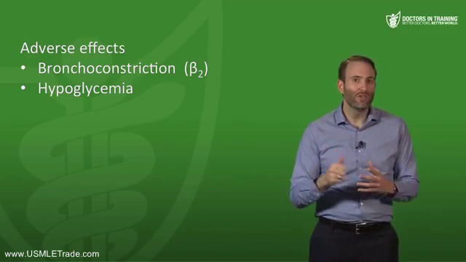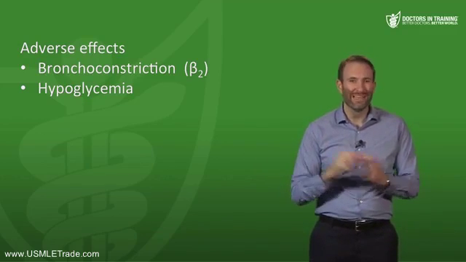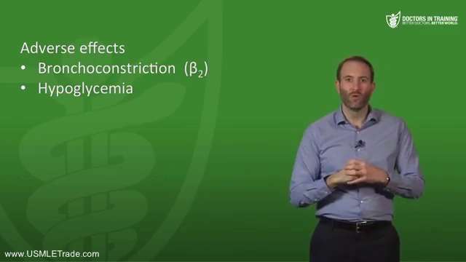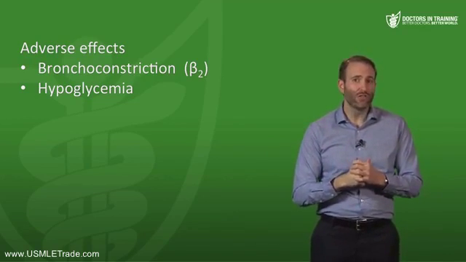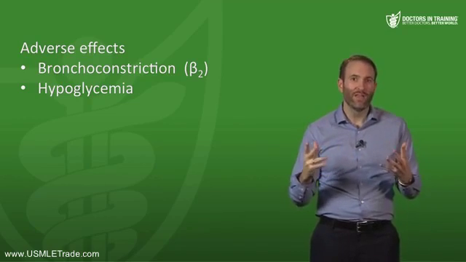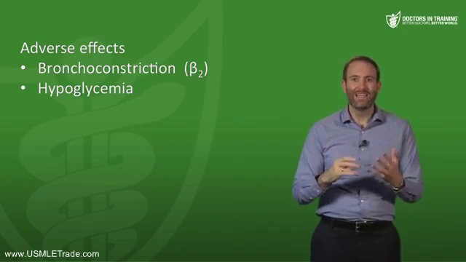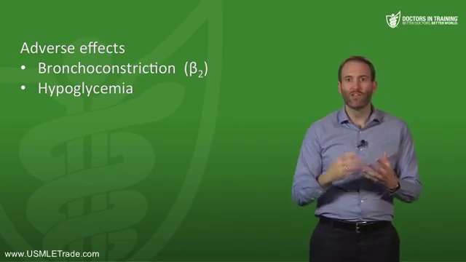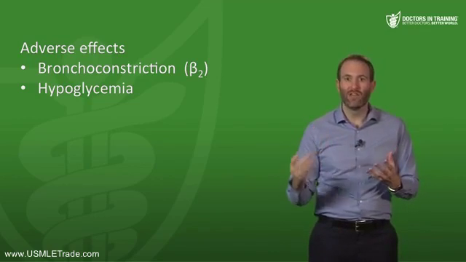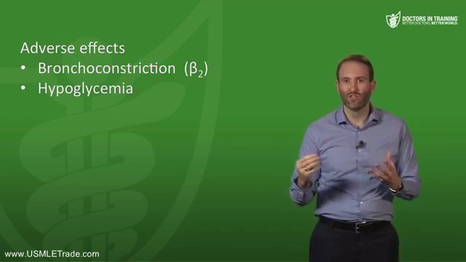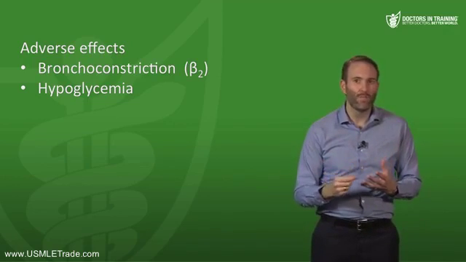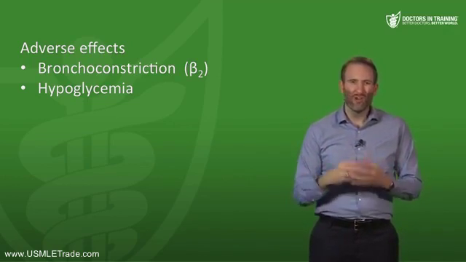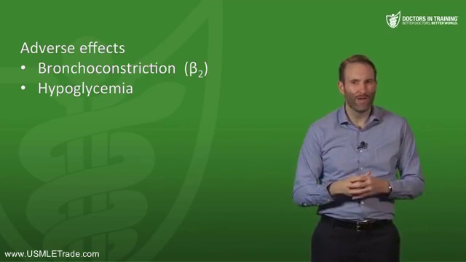And remember, it's that beta 2 that's going to cause a little bit of vasodilation. It's going to help temper the hypertensive response of cocaine. So if you give a patient that's on cocaine a beta blocker, you're going to see stimulation of alpha 1, and that's going to raise their blood pressure. But it's also stimulating beta 2, and that's going to help reduce the blood pressure just a little bit. Well, if we give that patient a beta blocker, it's blocking the beta 1, it's blocking the beta 2 response, and all you have left is unopposed alpha 1 agonism.